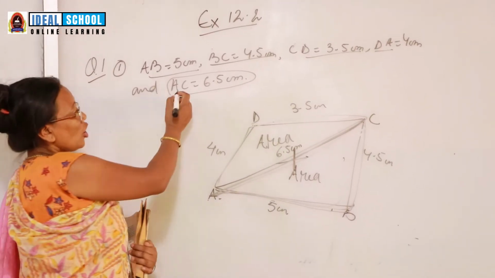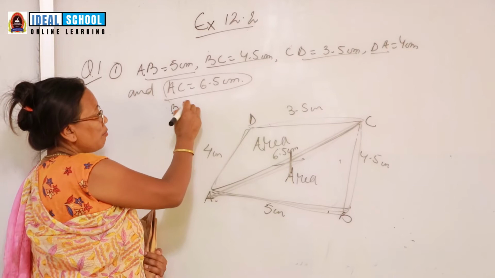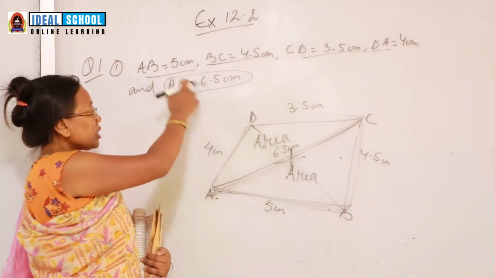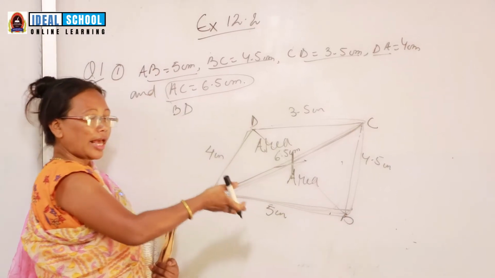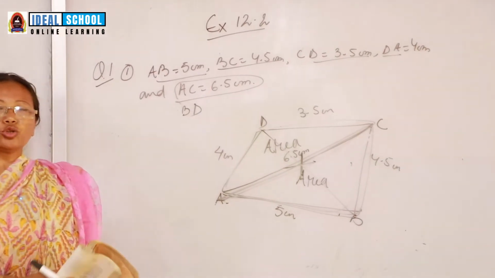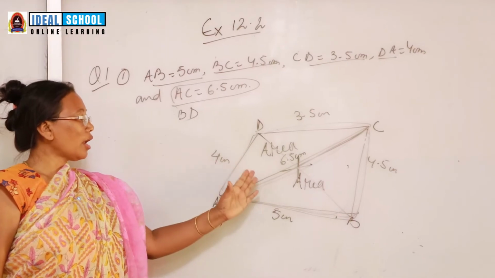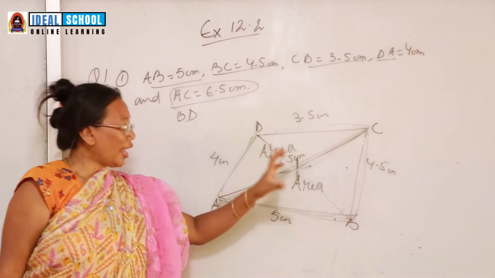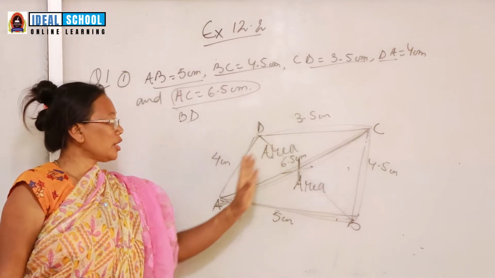Then instead of this, if BD is given, you need to join BD. Already we know that in a quadrilateral there are two diagonals, AC and BD.